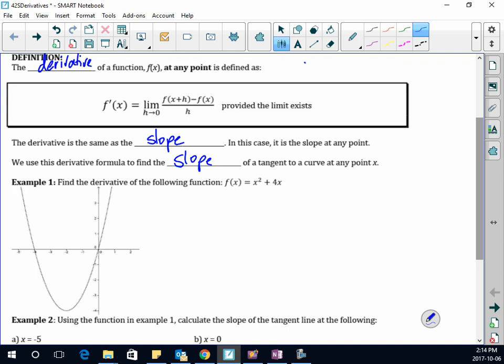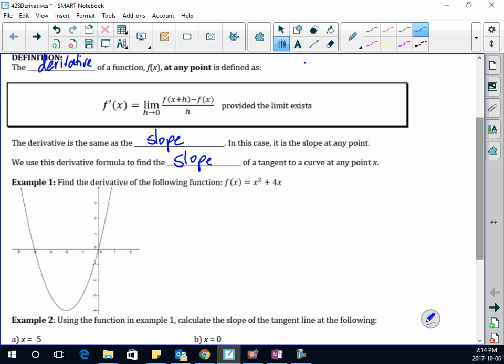It's a horizontal slope, and what do we know about a horizontal slope? That's where the slope is 0. And then what happens on the left of the vertex? It's a negative slope, and then it gets steeper the higher up we get. So the whole point of this example is that we're going to find the derivative at any point, not just at one specific point.